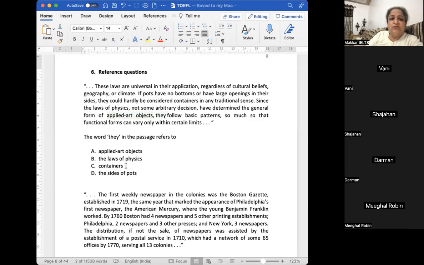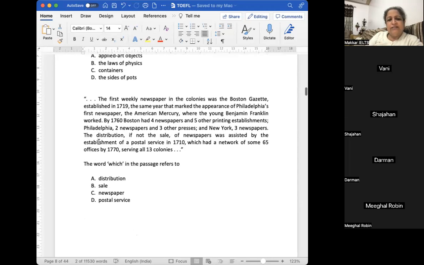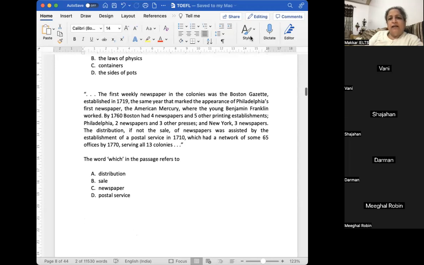Not the laws of physics, not containers. ना जैसे हम अपने पैराग्राफ में लिखते हैं तो कोमा लगा के हम they से बाकी का स्टार्ट कर देते हैं तो वो उसके लिए रेफरेंस हो जाता है. So ये किसका रेफरेंस है? Applied art objects का. ठीक है? That is it. Applied art objects. Now see another question. The first weekly day is given 2 times. Let us see 2 times कहाँ पे है?